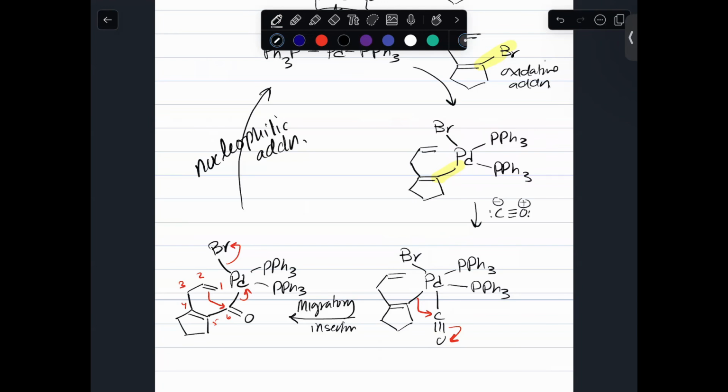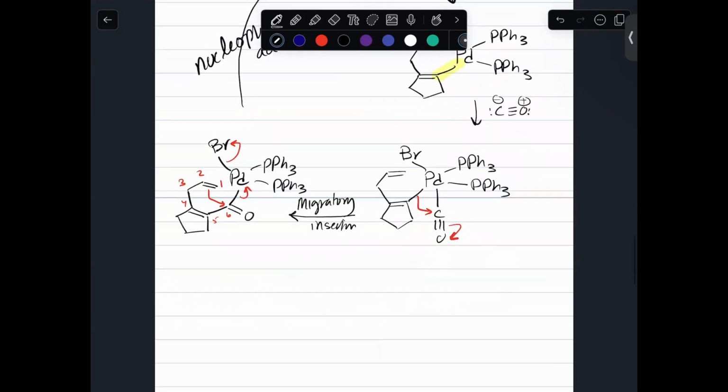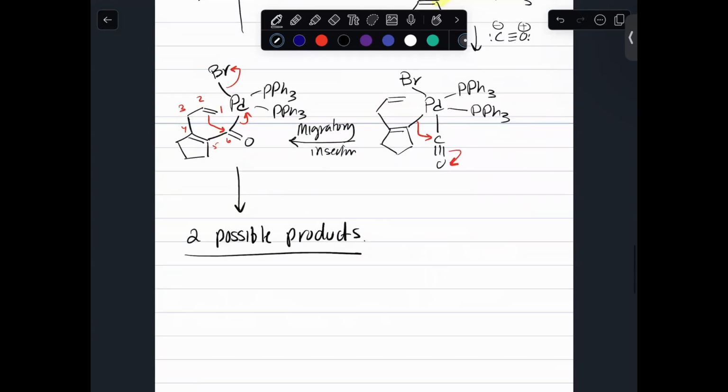But there's really two possible products that I can get. And so let's go ahead and draw out those two possible products. The first product is, of course, the following. And I'll try to keep it as I've drawn it.